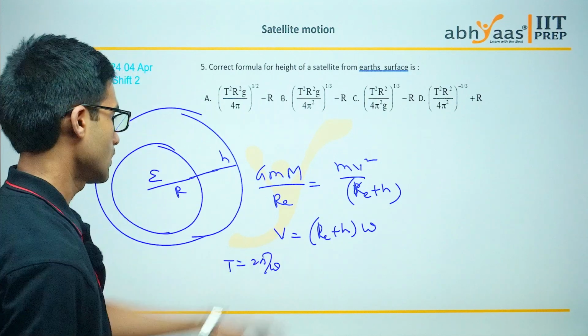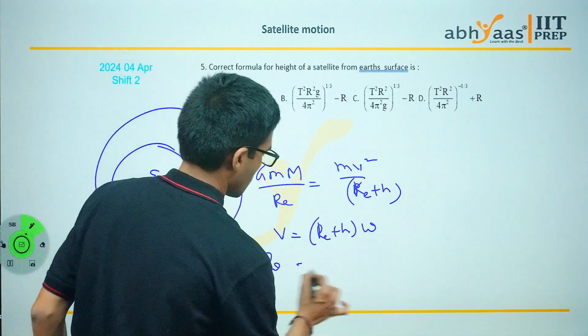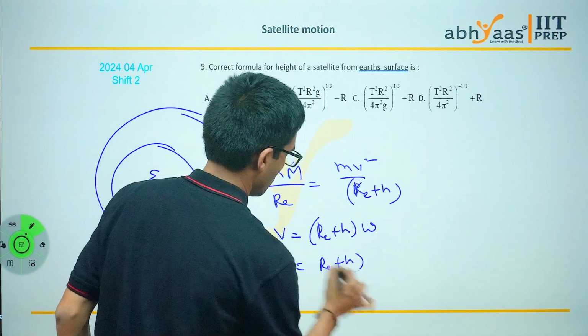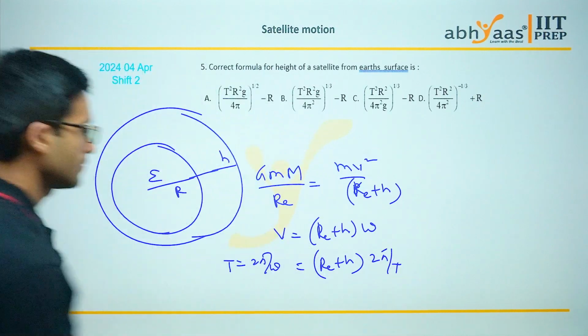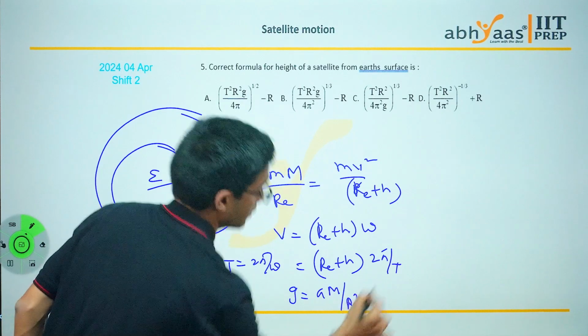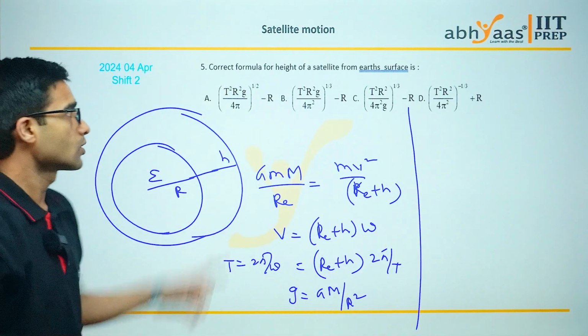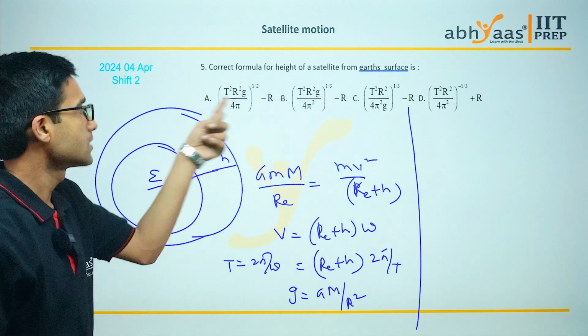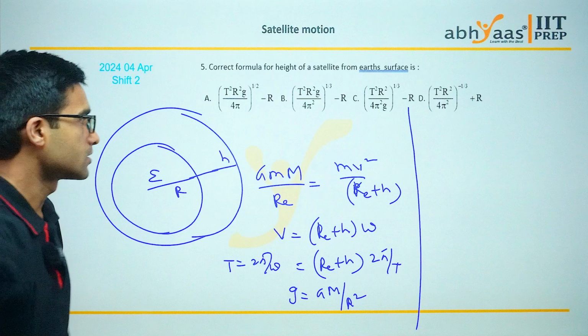Omega you can replace as (R_e plus h) into 2 pi by T. Another thing, you know, g is equal to GM by R square. So why did I use these three things only? He has given T, he has given g, he has given R. So we need to get the height h.